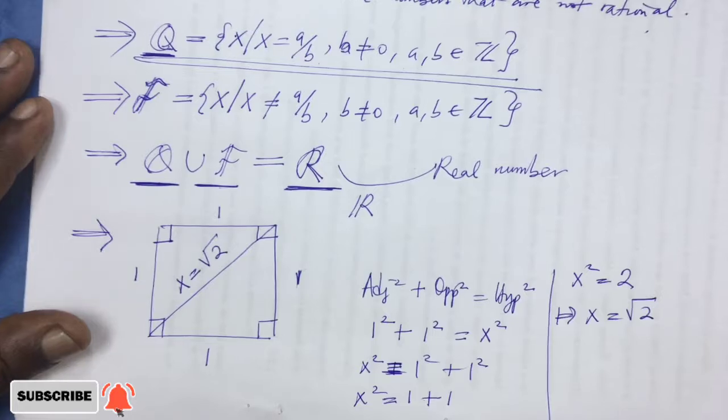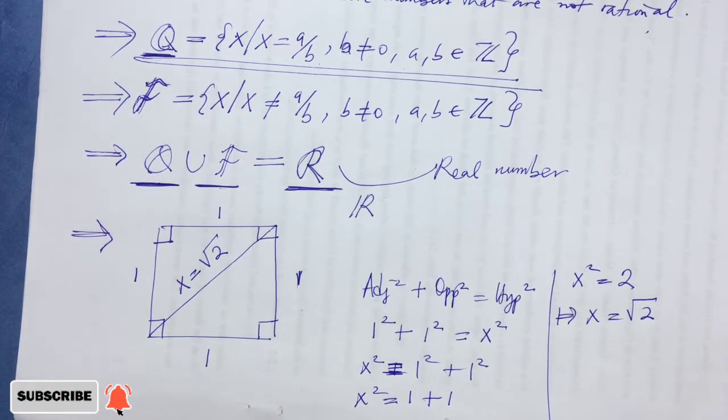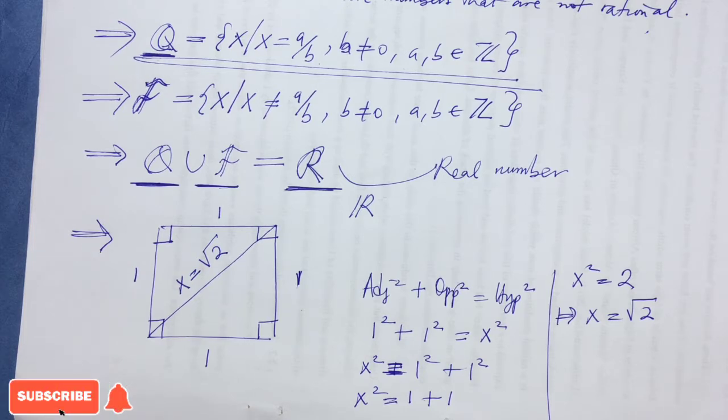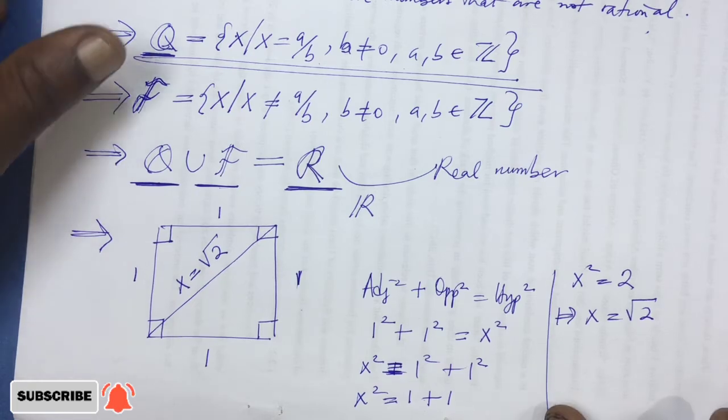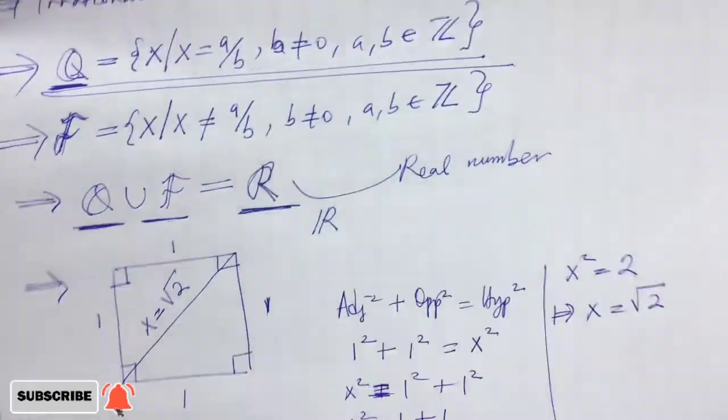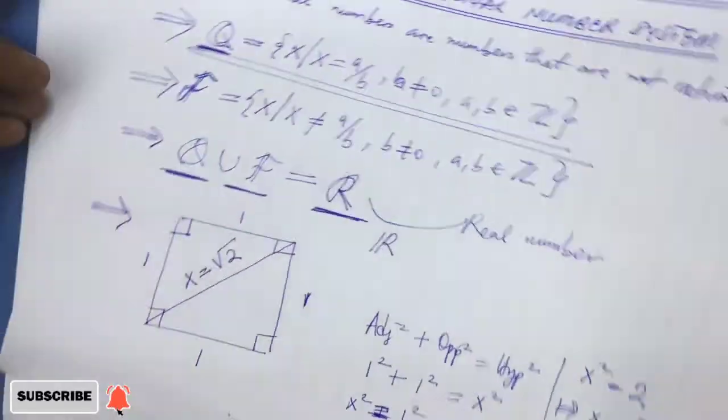So, attempts were made by the Greek mathematicians then to prove that x equals square root of 2 was a rational number. But all attempts proved abortive, because after several attempts, it was discovered that square root of 2 was not a rational number.